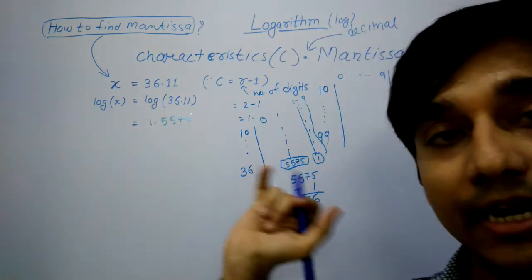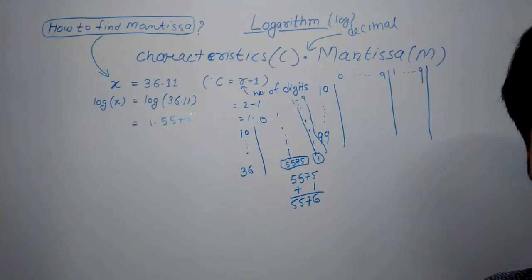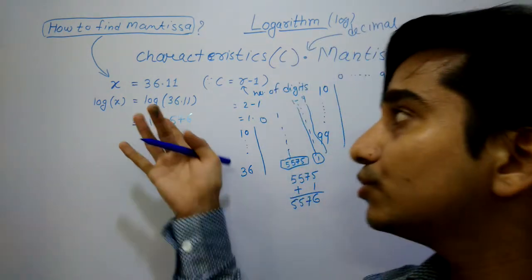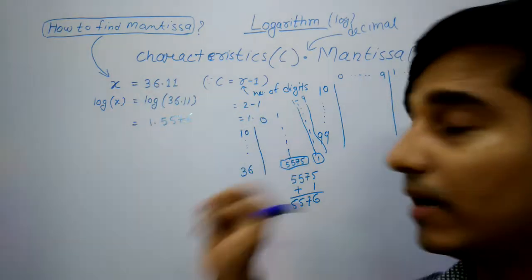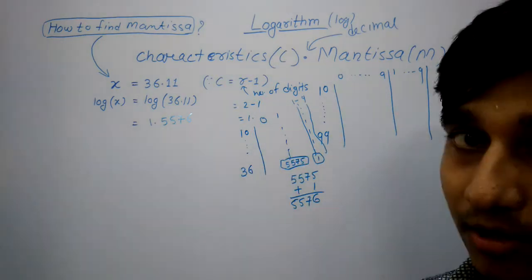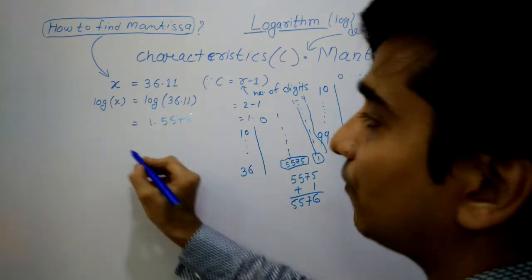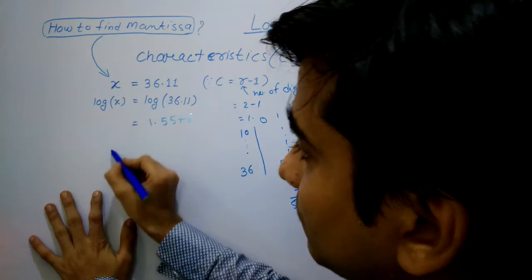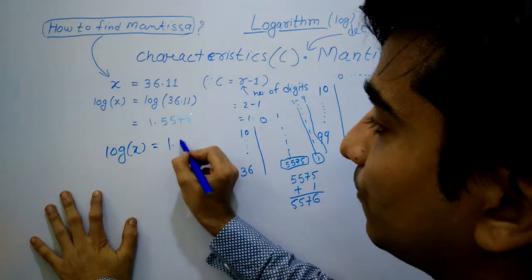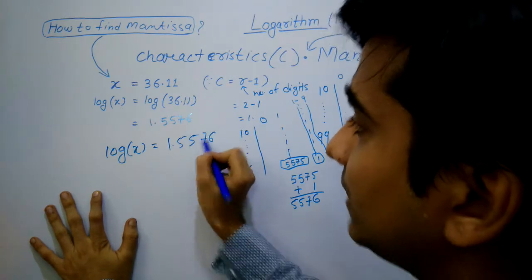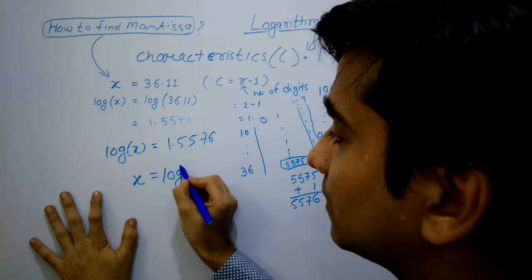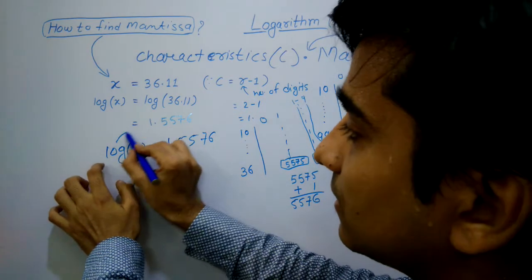But how do we find the antilog of this number? We have a rule for finding the antilog, which is present in another place, so you have to define it properly. I got the log of this number, but what about the antilog? So you go for the formula. Log of x is equal to 1.5576, and you have to take the inverse, log inverse, because I am taking the number here.